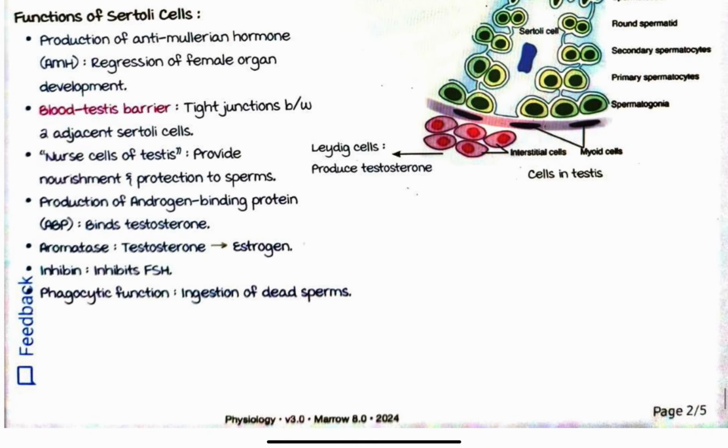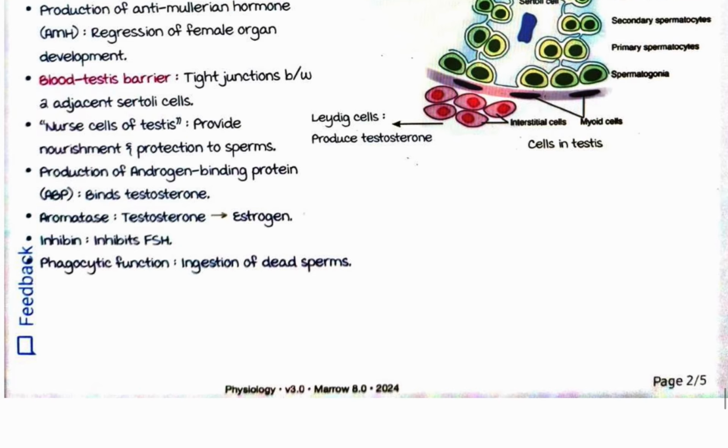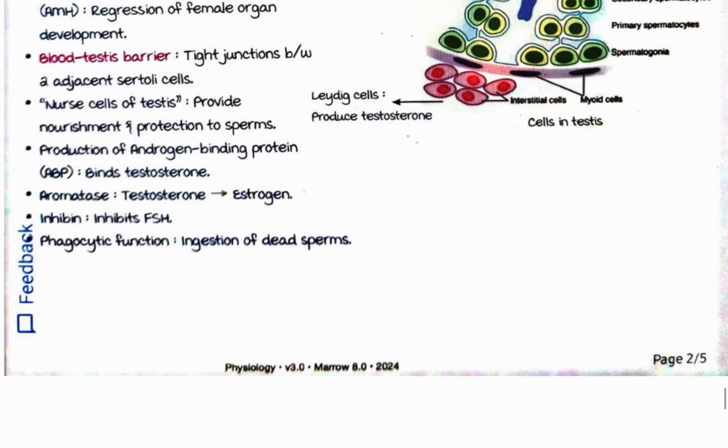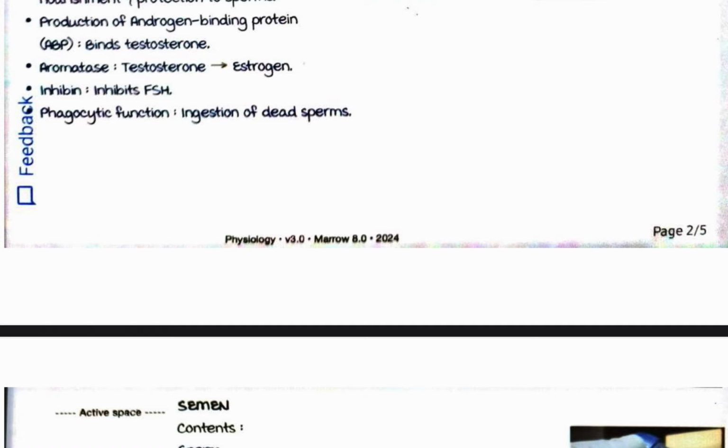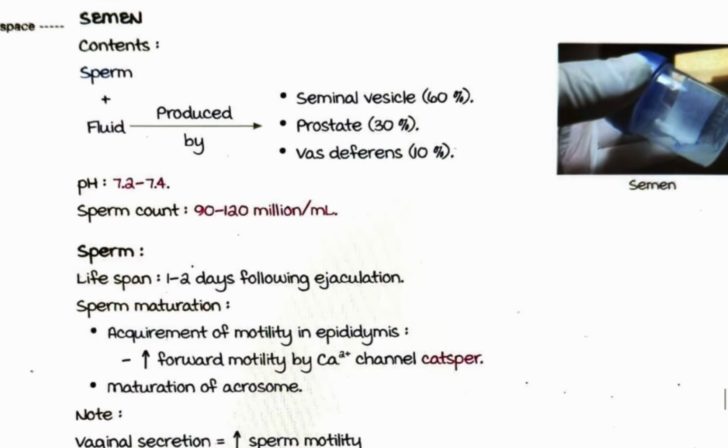Blood testis barrier is due to tight junctions between two adjacent Sertoli cells. They provide nourishment and protection to sperm. Production of androgen binding protein, ABP, which binds to testosterone. Aromatase causes testosterone to become estrogen. Inhibin inhibits follicle stimulating hormone. Phagocytic function, ingestion of dead sperm.